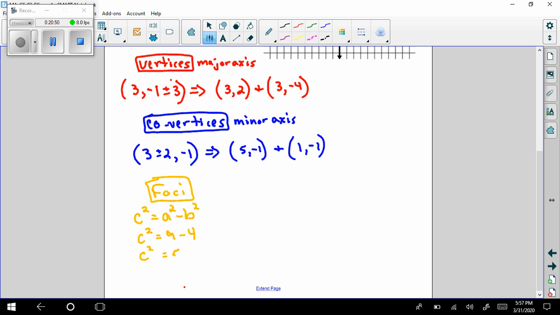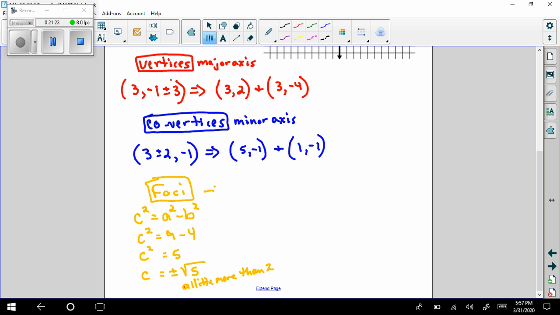C squared equals 5. So C is equal to plus or minus the square root of 5. We're going to leave that exact. And in order to get the point in close to the right place, all we have to do is think of 5 as a little more than 4, so the square root is a little more than 2, when we're graphing those points.